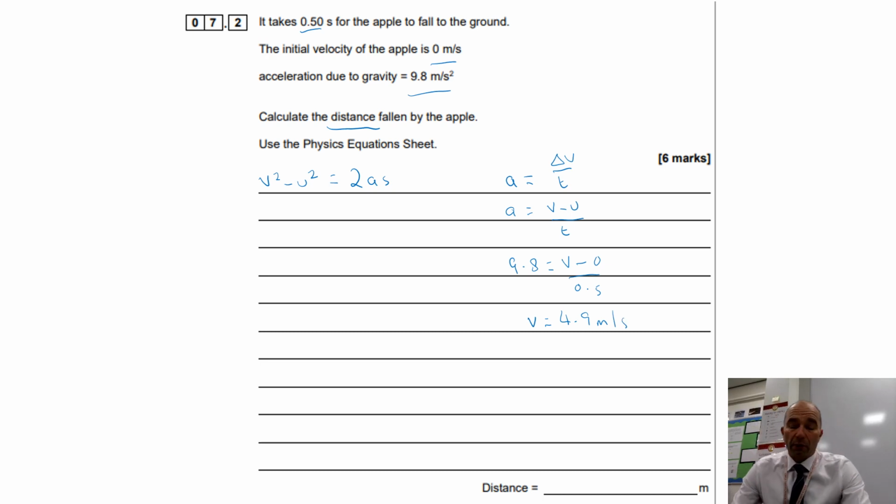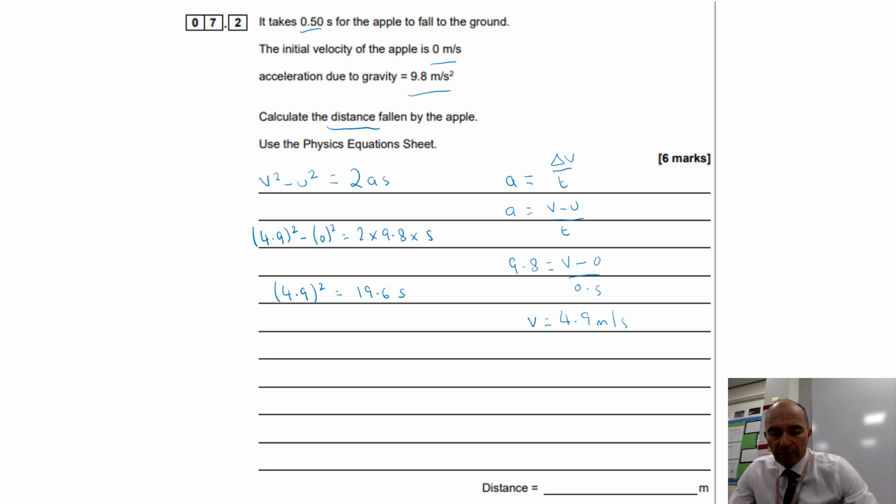We now need to go back to our original equation and substitute in the numbers that we've now got. So we've got 4.9 squared minus 0 squared equals 2 times 9.8 multiplied by s, which is the distance, which is our unknown. Then we just need to multiply this out, so we end up with 4.9 squared equals 19.6 s.